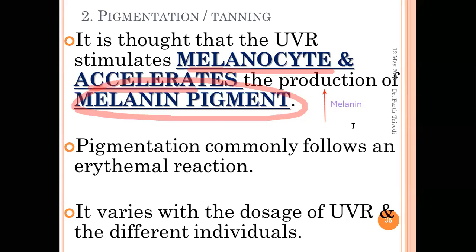Now, this melanin is responsible for darkness or pigmentation. So pigmentation is always followed by the erythemal reaction. The redness of the skin, pigmentation and all these local effects vary with the type and duration of UVR.